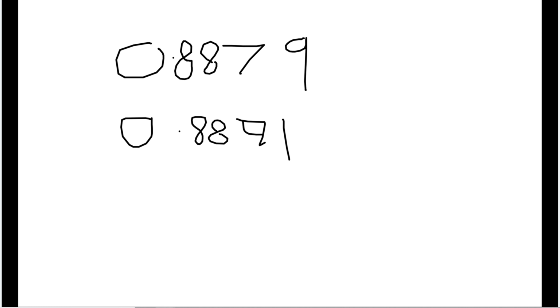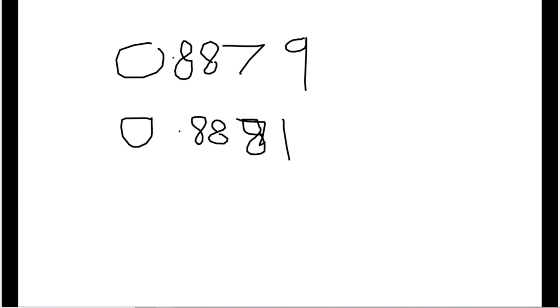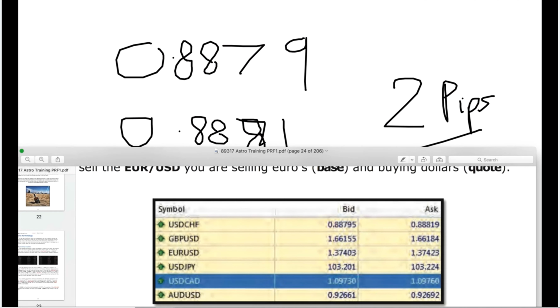All right, anyway, guys, it's in the book. The fifth decimal here, I've ignored again. I've just explained why. So we want to go 1, 2, 3, 4. So if we go from 79 to 81, simple maths, guess what? It is a difference of 2 pips.